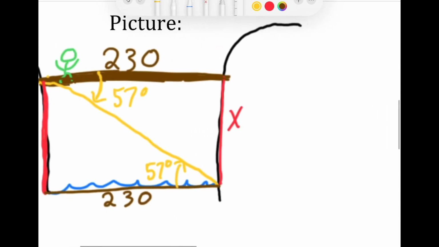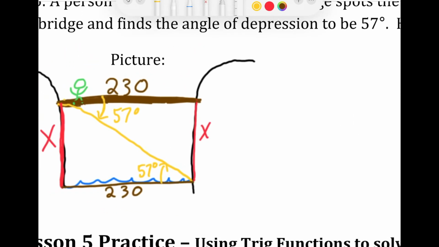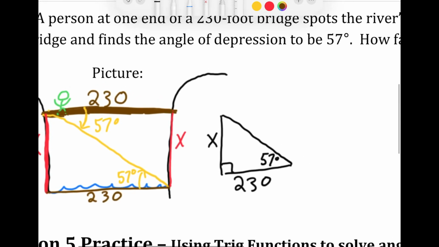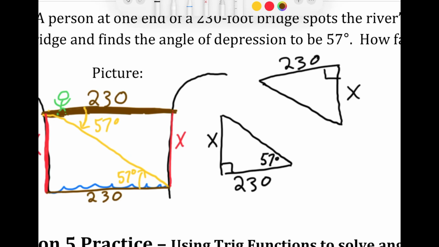So whichever one you see easiest, you can look at the right triangle that is right here. That is the 230 at the bottom, 57 degrees as the elevation, and x as the other leg. Or the upside down triangle, that has 230 as the top leg, x as the leg off to the right, and the angle of depression of 57 degrees.